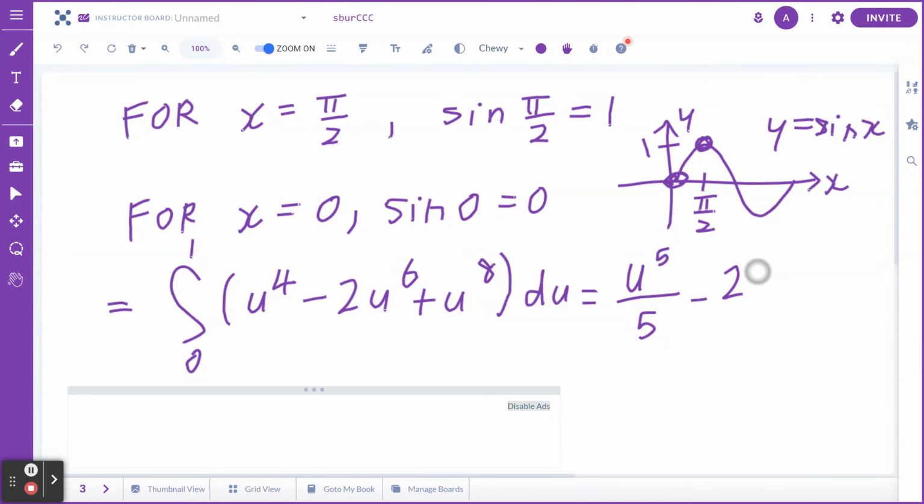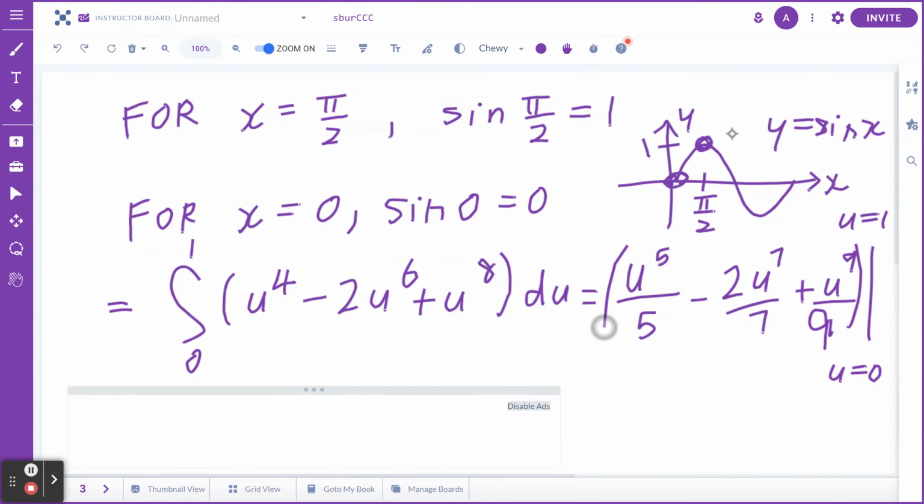That's going to be 2u to the 7 divided by 7. And likewise, the antiderivative of u to the power of 8 is going to be u to the power of 9 divided by 9. You're going to evaluate this basically from 0 to 1. And really, it's from u equal to 0 to u equal to 1. And I'll put a bracket like that.